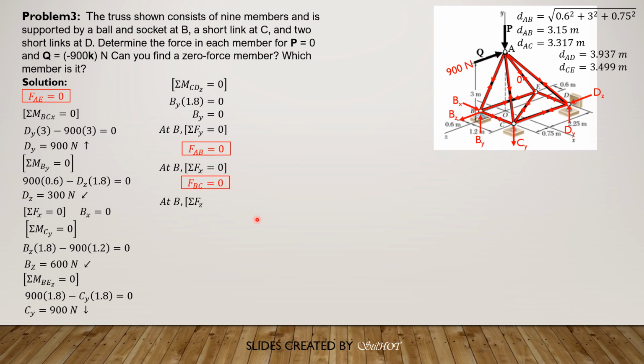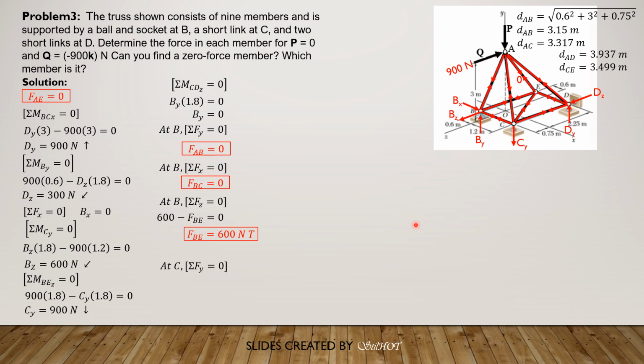Then summation forces along Z at B equals 0. So we have Bz, which we already computed as 600, minus FBE. Those are the only involved forces because remember FAB is 0. So 600 minus FBE equals 0, so FBE is 600 newtons tension.